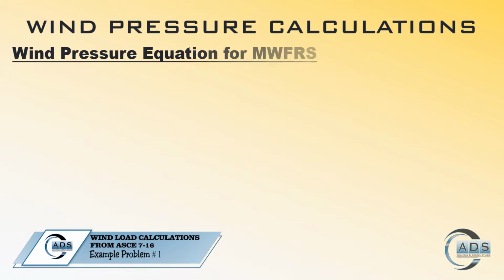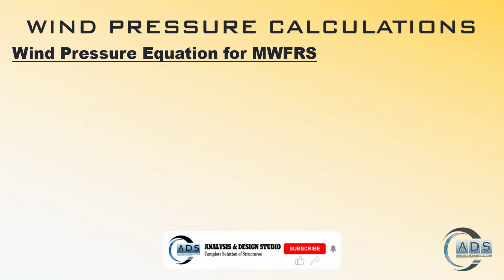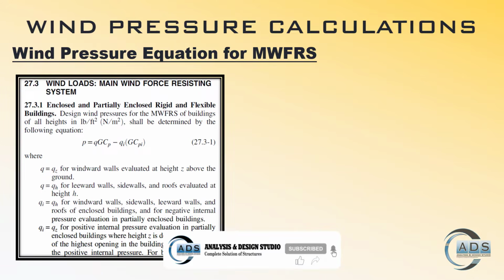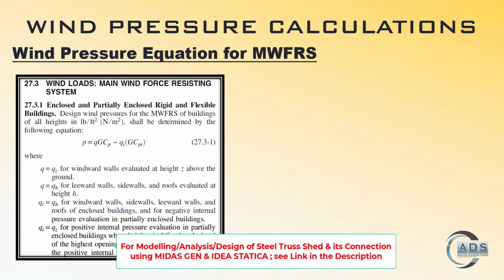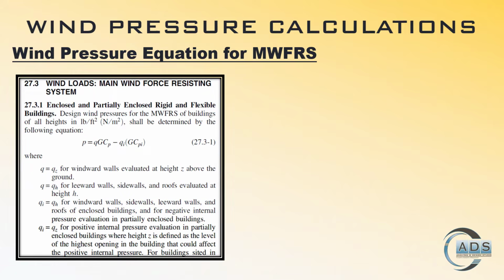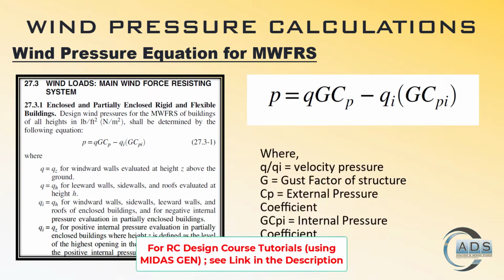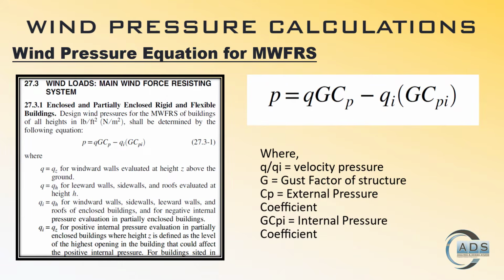Wind pressure equation. There are three different equations given for wind loads on main wind force resisting system. The first equation is for enclosed or partially enclosed, rigid or flexible buildings. We will see these terms, what is enclosed, partially enclosed, open and rigid, flexible building, a bit later. So this is the wind pressure equation which can be used for a structure that is enclosed or partially enclosed, having rigid or flexible behavior.